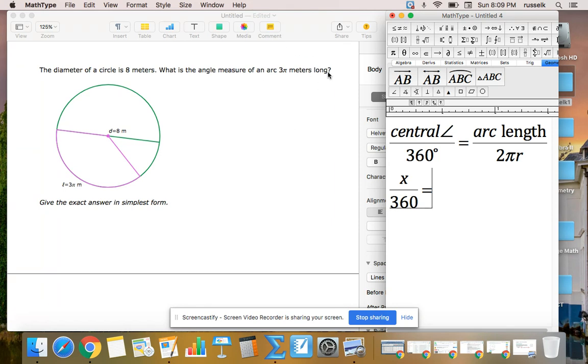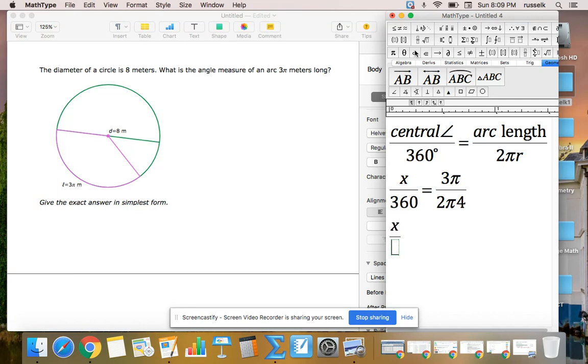Our arc length is 3 pi. And then they give us the diameter of 8, which would mean our radius is 4. So when I plug that in, 2 times pi times 4 in the bottom, which would give me 8 pi in the bottom.